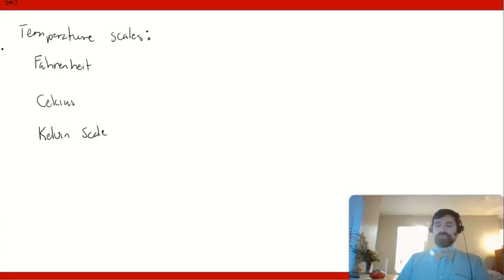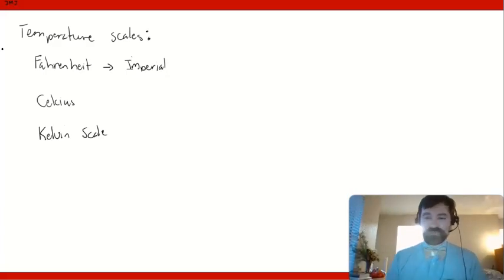So what are each of these scales? Well, this one right here is the imperial unit, and originally it was defined in such a way that it was assumed that 0 Fahrenheit would be the coldest possible temperature, and then I believe they set 100 Fahrenheit to be like the average human body temperature, and it's gone through some revision.